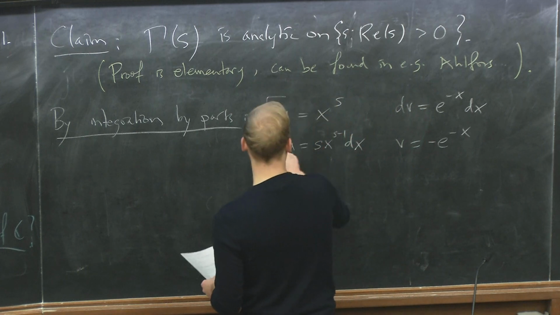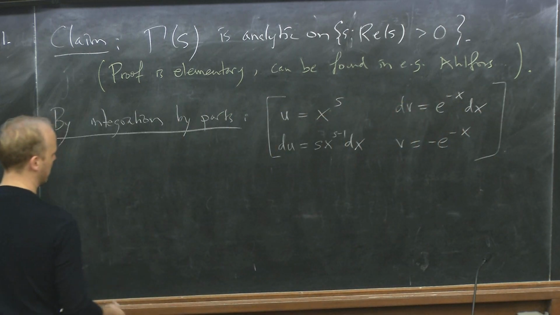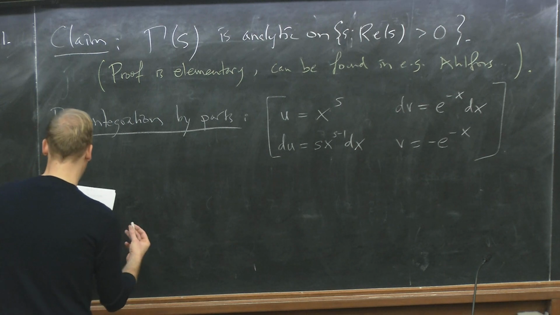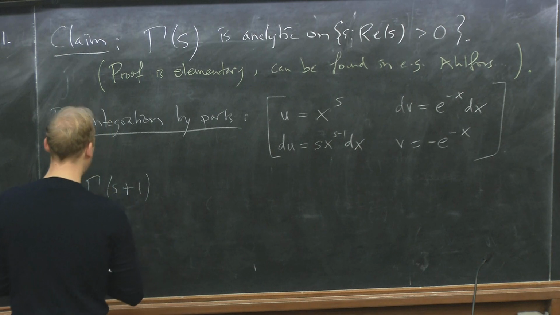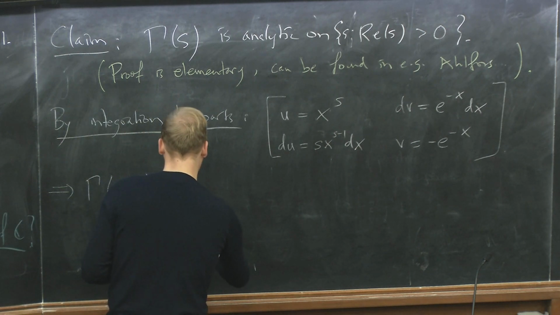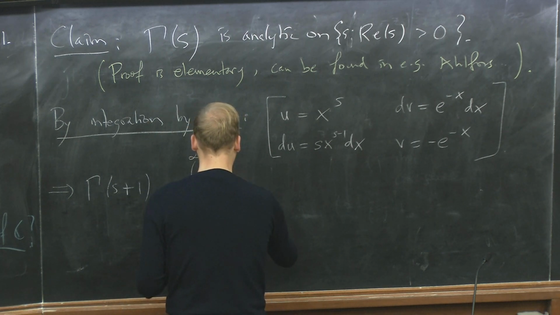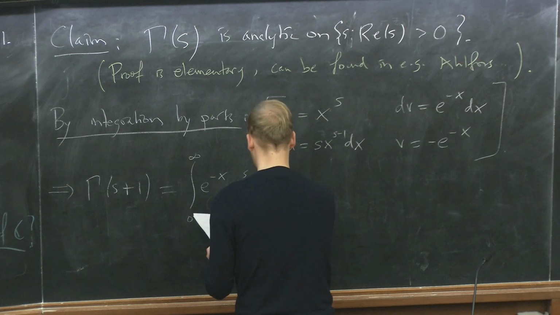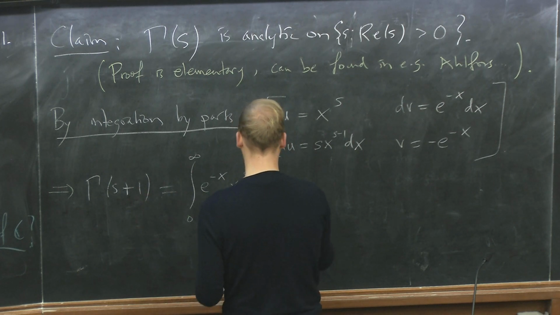So using this, I don't know how you write integration by parts. This is how I usually write it. So then we get that gamma of s plus 1 is equal to the integral from 0 to infinity of e to the minus x, x to the s dx. I mean, this was the definition of gamma of s plus 1.